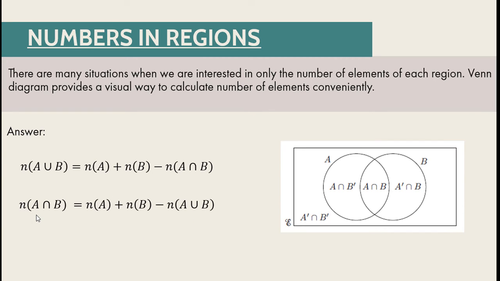You will have the number of the intersection of A and B is equal to the number of A plus the number of B minus the number of the union of A and B. So the two formulae are just the reverse of each other. They are equivalent to each other.